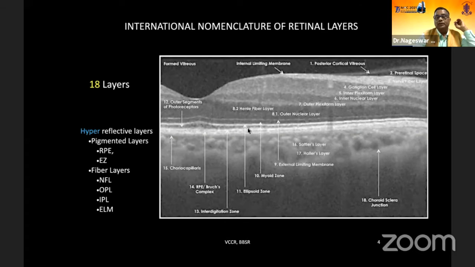The outer one is called the interdigitation zone, or the zone of Vera, or the layer of Verhoeven, or we can tell cone outer segment tips. And internal to that is the ISOS junction, it is called. These are the four layers, which earlier we used to tell as three layers with the status OCT and all.